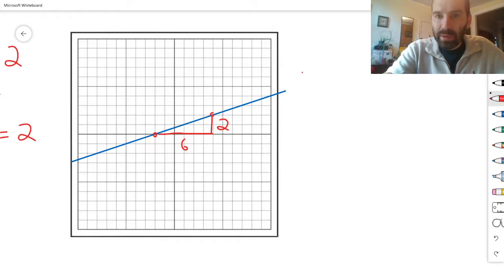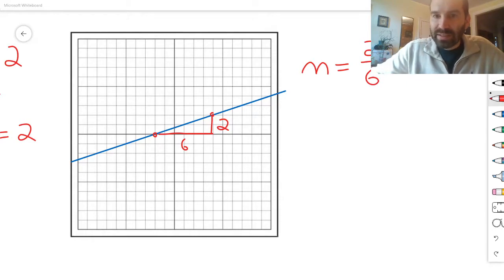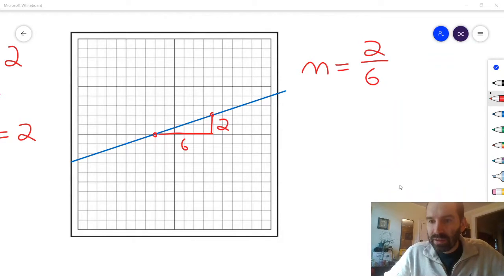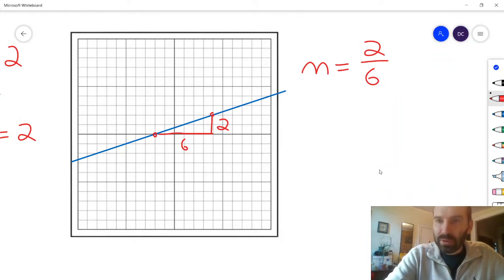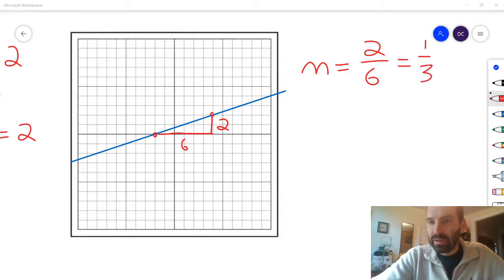So my rise is 2 and my run is 6. My slope simplifies to 1/3. So here we have what a gentle slope would look like.